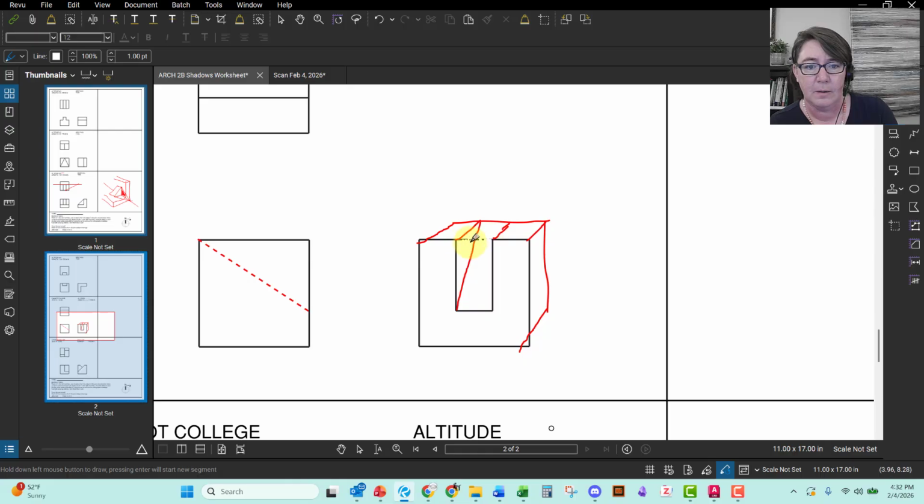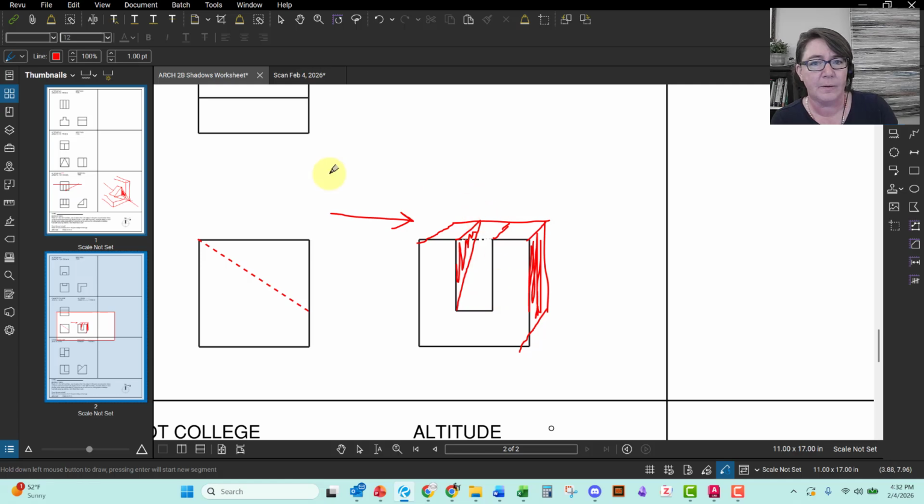The sun is coming in kind of this direction, so we're going to get this face here in shade, and we're not going to see that in our multi-view. Then we're going to get a shadow from this piece falling into the sloped plane, and that's what we're going to see in both the right-hand view and the top view.